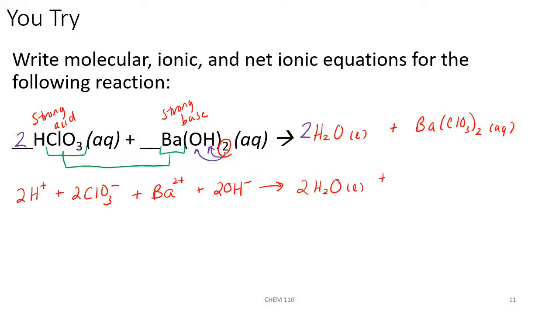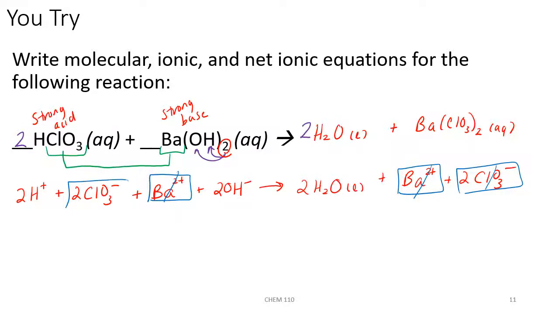And our other product, barium chlorate, is going to be soluble. So we'll get Ba2+ and 2ClO3-. Our spectator ions in this case are going to be the barium ions and the chlorate anions.